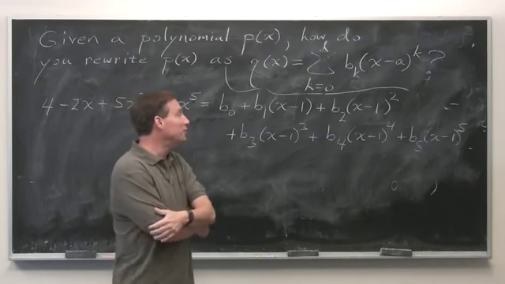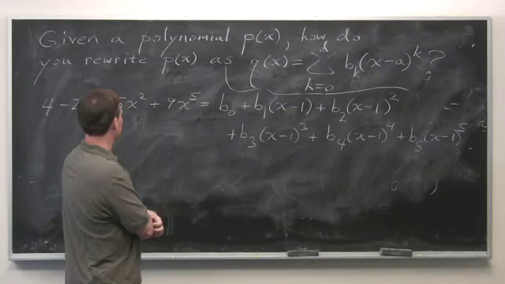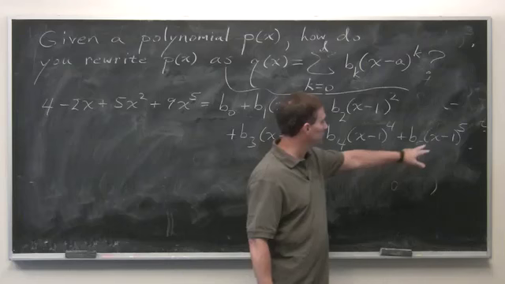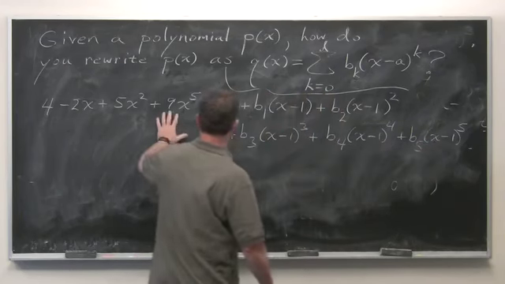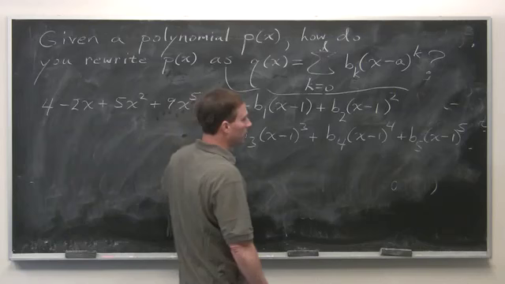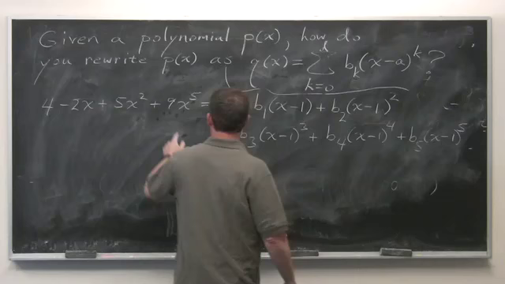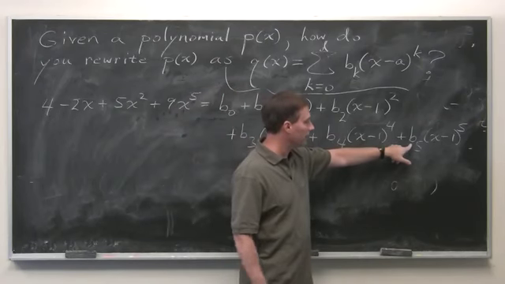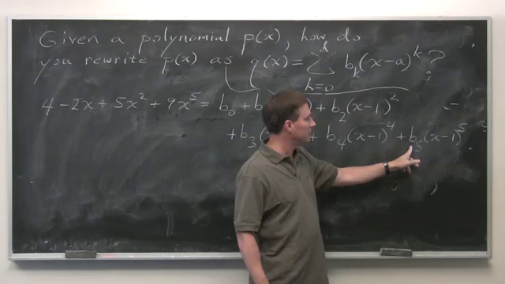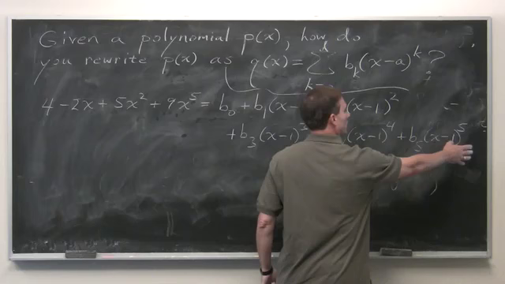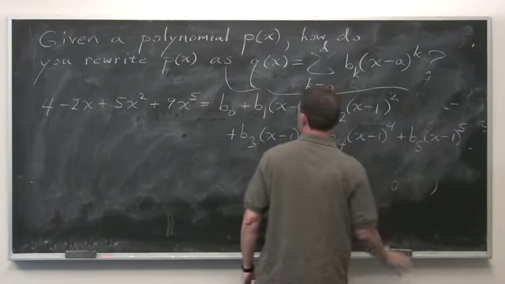Well, one thing you could do is kind of an inductive algebra problem. You know that the coefficient in front of x to the 5 over here has to be the one in front of x to the 5 here. But the coefficient in front of x to the 5 is b5. So we'll need a 9 here for b5, so that when we expand this, you would get 9 times x to the 5. But then you get all those terms you get from expanding. They'd be multiplied by 9.